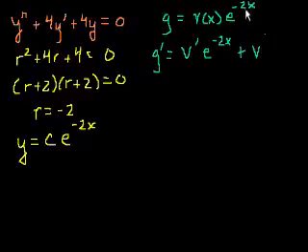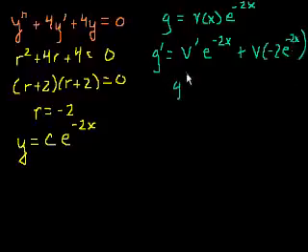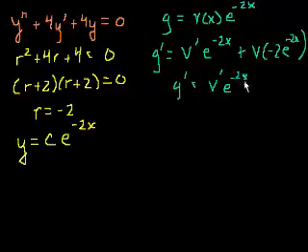So minus 2 times e to the minus 2x. Or just to write it a little bit neater, g prime is equal to v prime e to the minus 2x minus 2v e to the minus 2x.